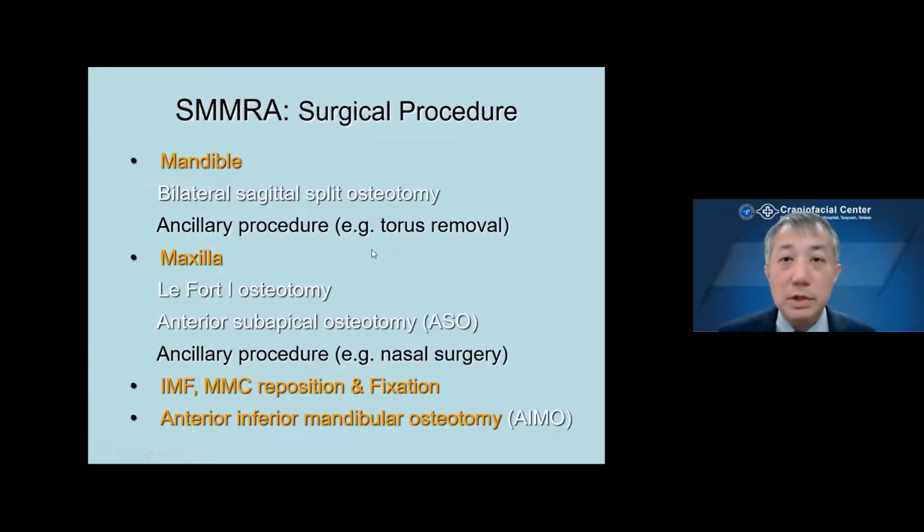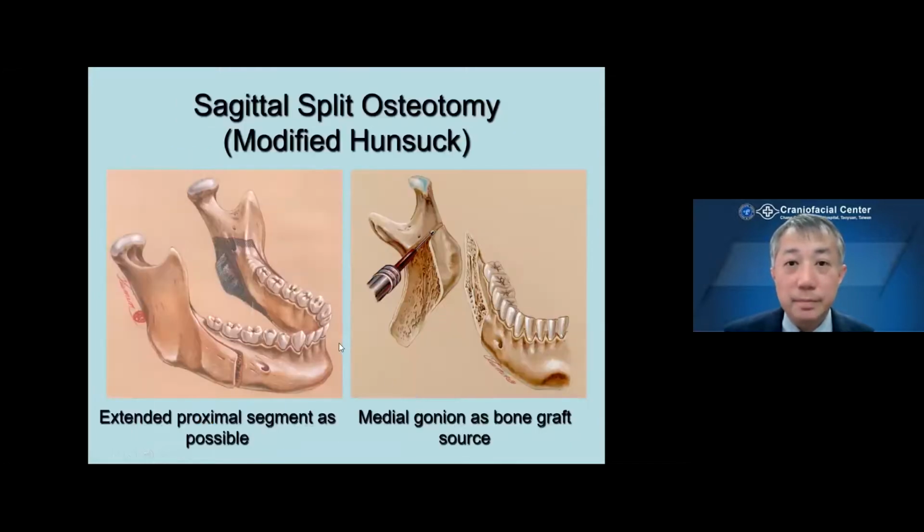So during the surgical procedure, we usually start from the mandible and then maxilla, and then do some fixation. And finally, we do the anterior inferior mandibular osteotomy.